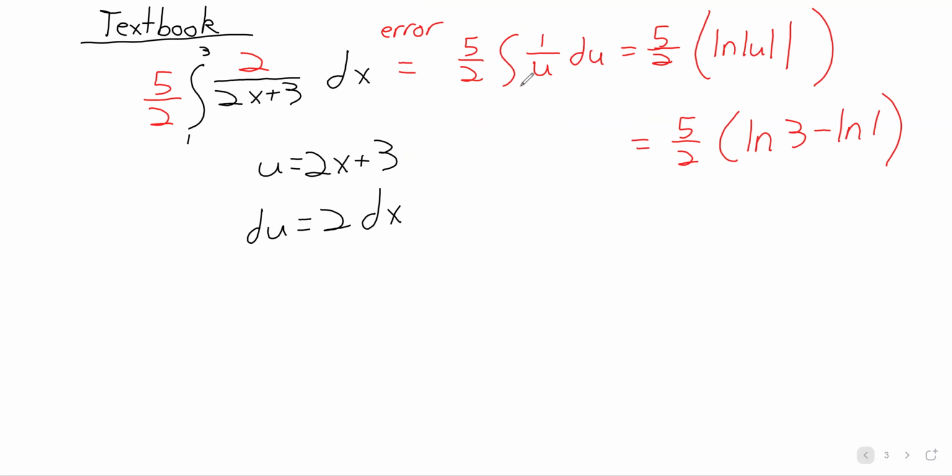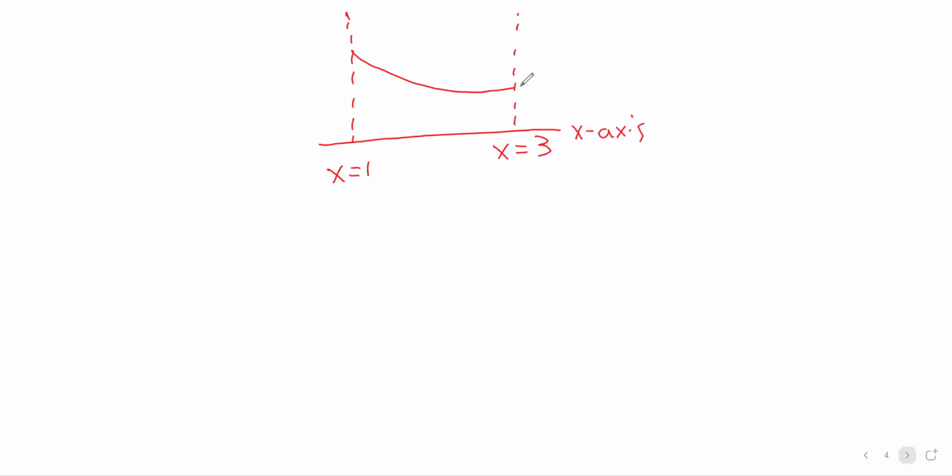What I can do is I can say, well, u is 2x plus 3. So x equals 1. Well, when x is 1, what's u? 5. 2 times 1 plus 3 is 5.